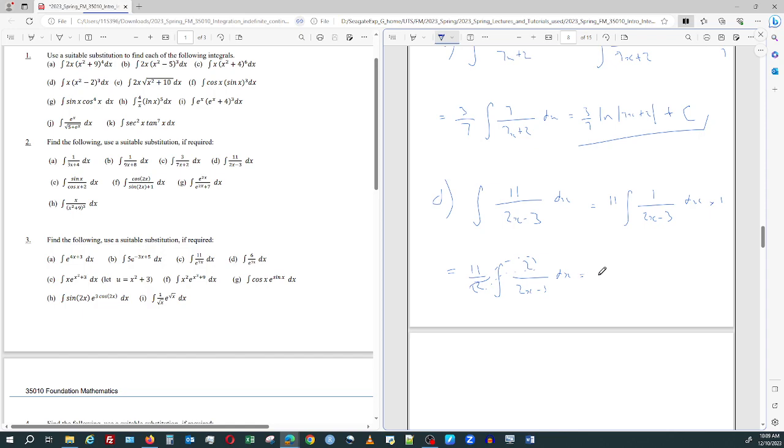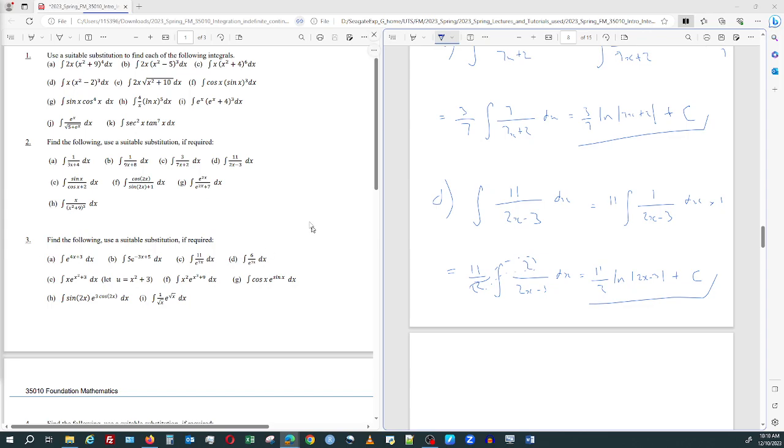So now we can just go straight for 11 over 2 times the ln of the denominator, 2x minus 3, plus c. Okay, so we're able to do these fairly readily, and hopefully what's happening is you're doing it as well.